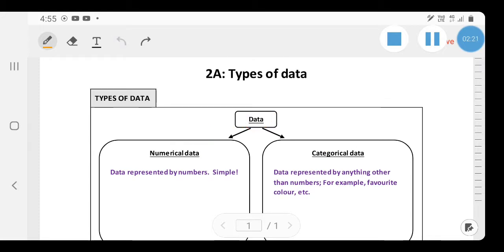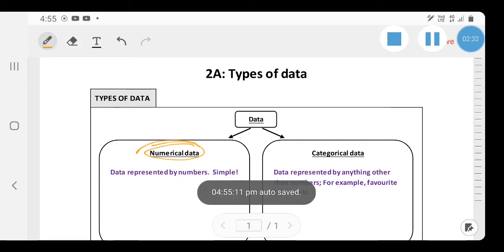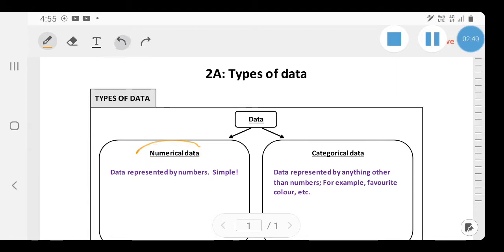Let's deal with numerical data first. Now, numerical data is exactly what it sounds like. It is data represented by numbers. For example, I write down a list of the ages of every student in my classroom. That would be an example of numerical data. Nice and simple.